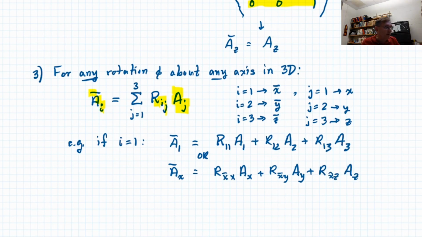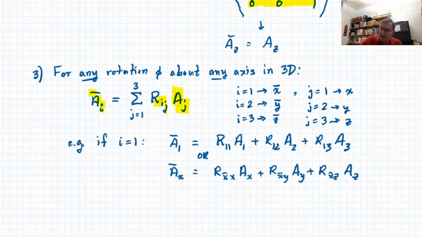All right, so now we have a very compact way to represent this rotation of axes and to relate the components of the vector relative to the rotated axes to the components of the vector relative to the original axes. And it's this matrix of direction cosines that make a vector by definition.